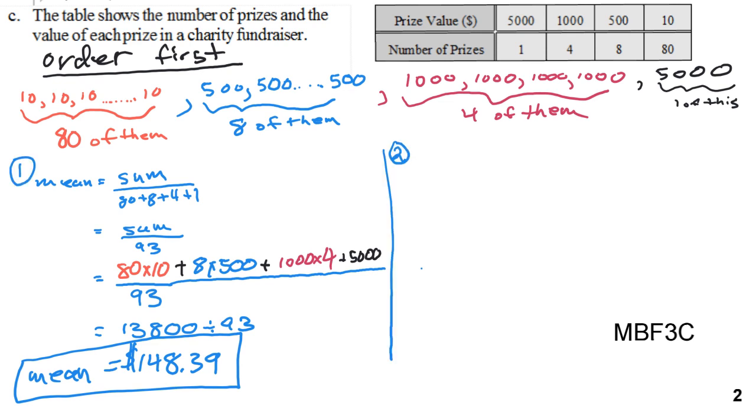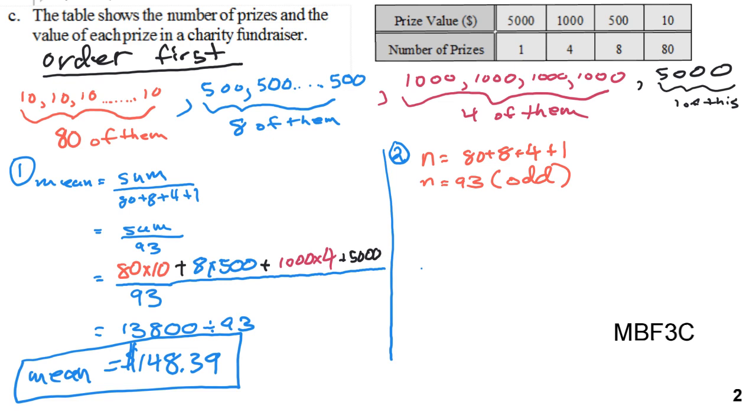Now, imagine we're trying to find where the median is, right? So Simpson's getting out his red pen again. So here is n. N is equal to 80 plus 8 plus 4 plus 1. So that tells you how many spots are along here. In this case, we're going to have 93 as our n. Now, this is an odd number, right?